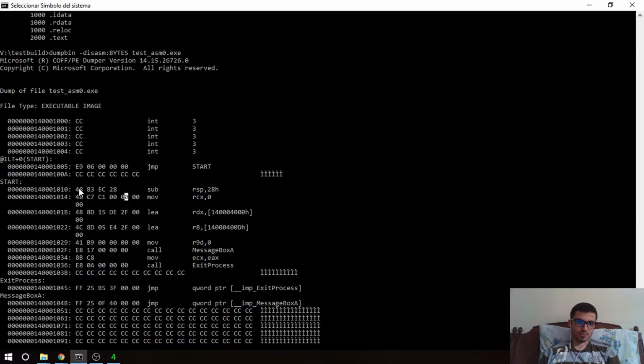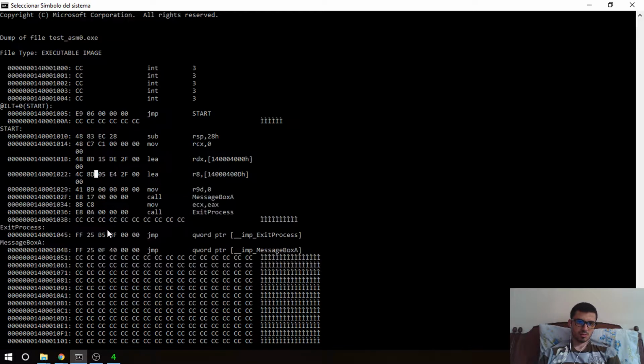We see a lot of 48s, you know, there's a 48, there's a 2F here. For example, this is the same instruction but with different registers. We have here RDX and this same address. What?